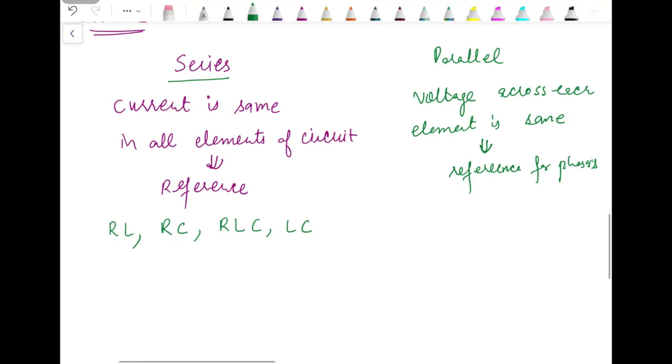Similarly, we can have the parallel combination of resistance and inductance, of resistance, inductance and capacitance, or even the combination of series branches, like one RL branch and a second RC series branch connected in parallel. In all of them we have to consider voltage as reference. So in the coming videos I will also solve the problems of series and parallel circuits.